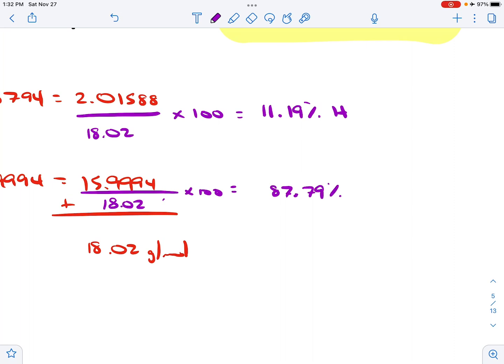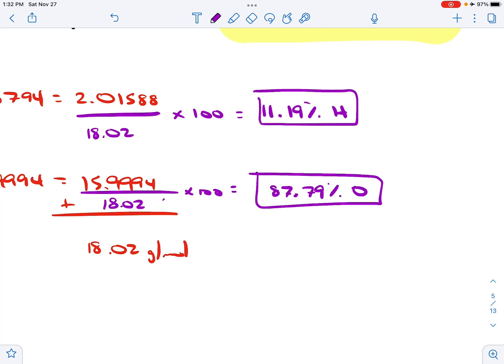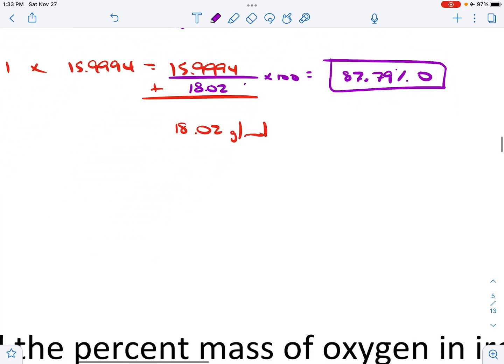And this should be really close. When we add these up, we should get pretty close to 100. When I add those two up, I get 99.98, which is pretty close. So that is finding each element. If you had 3 elements, you would do the same thing. Right? Okay. Awesome.